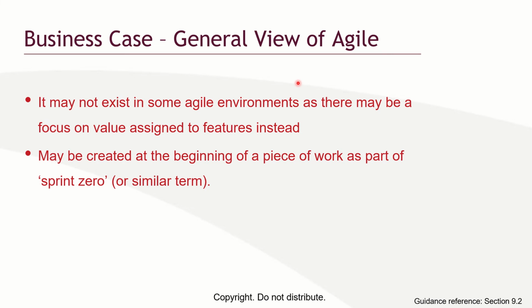It may not exist in some Agile environments, as there may be a focus on value assigned to features instead of a product. It may be created at the beginning of a piece of work as part of a sprint zero. So business case could be part of sprint zero.